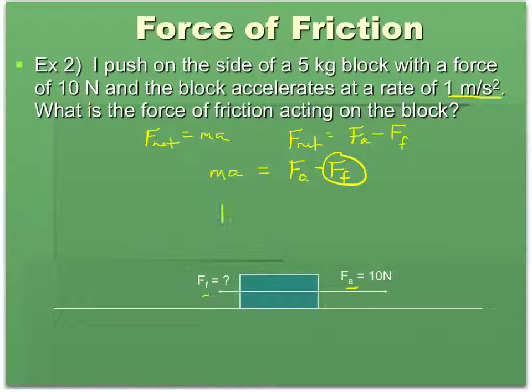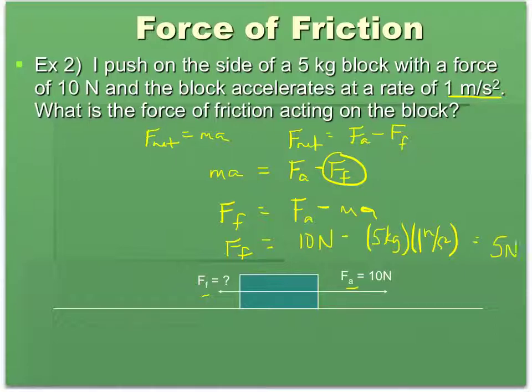So when I rearrange, I get frictional force is equal to the applied force minus mass times acceleration, and now it's just a matter of plug and chug. That frictional force is equal to 10 newtons minus the quantity of my mass, which is 5 kilograms, times the acceleration, which is 1 meter per second squared. So 10 minus 5 is going to give me a frictional force of 5 newtons.